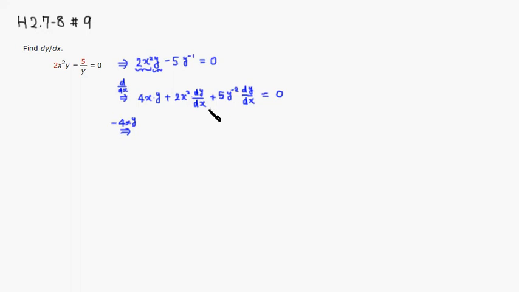Group these together, so you have dy over dx factored out of this guy, and this guy is also factored out.